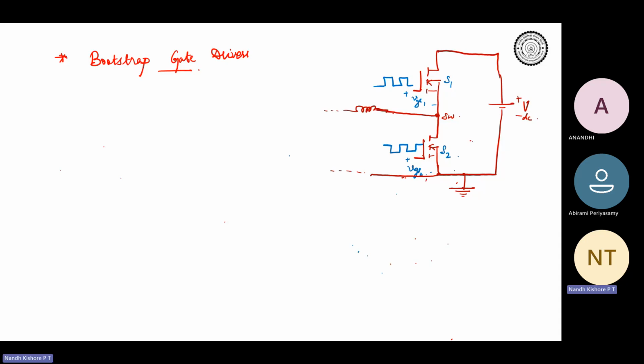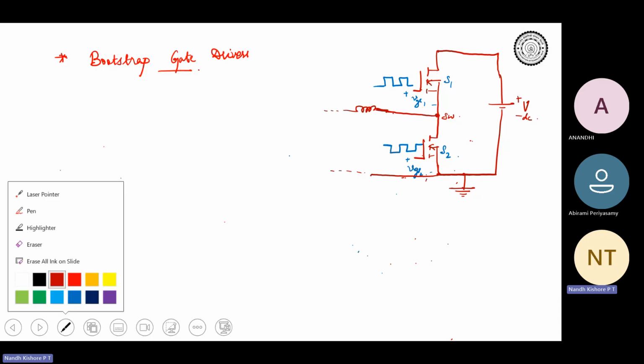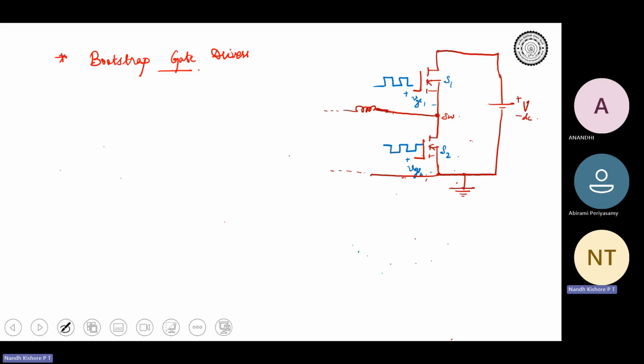But one thing we need to understand is that you are giving complementary switching, but the point is VGS2, the gate pulse for S2. What is the reference for the gate pulse of S2? With respect to what are you giving the gate pulse? You are always giving the gate pulse with respect to the source. That is why we call this gate source voltage. Calling it just gate voltage is incorrect. We have to call it gate source voltage.